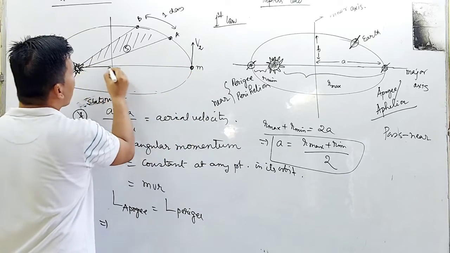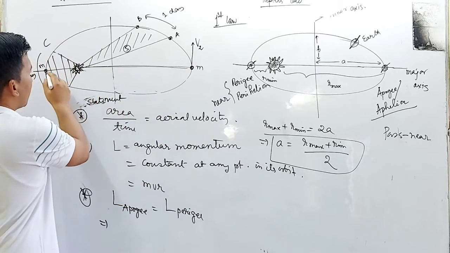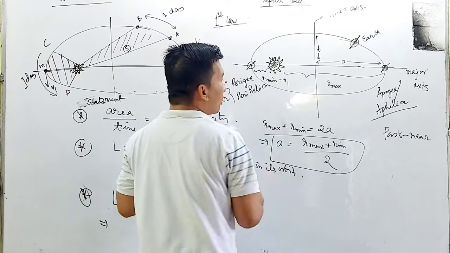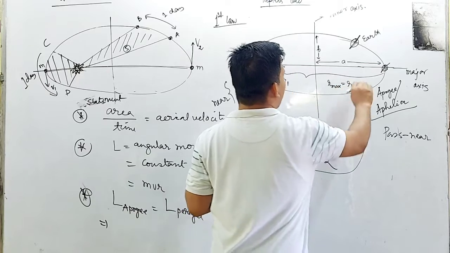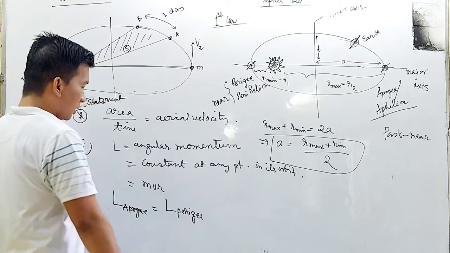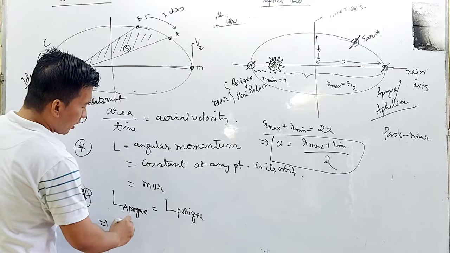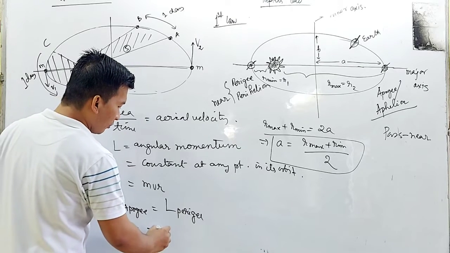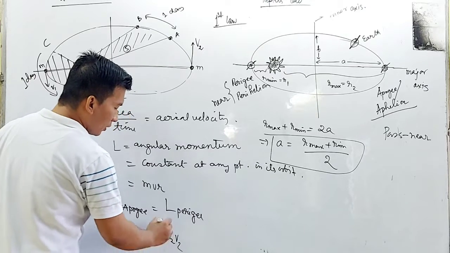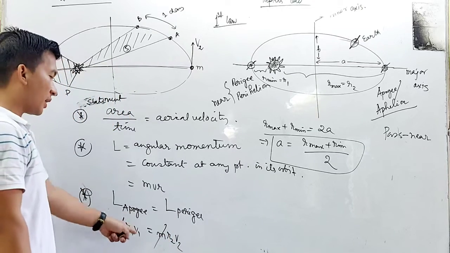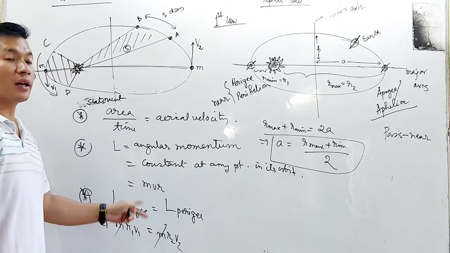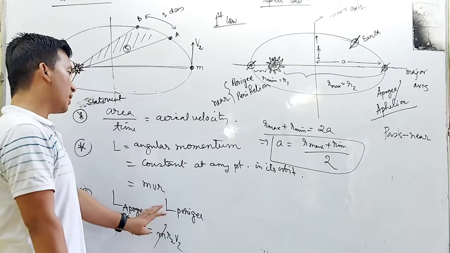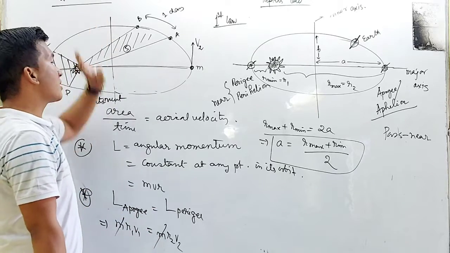What about the perpendicular distance? This will be r1 for minimum, and r2 for maximum. So m r1 v1 equals m r2 v2. The m cancels out and we are left with r1 v1 = r2 v2. This is the mathematical interpretation of Kepler's second law.